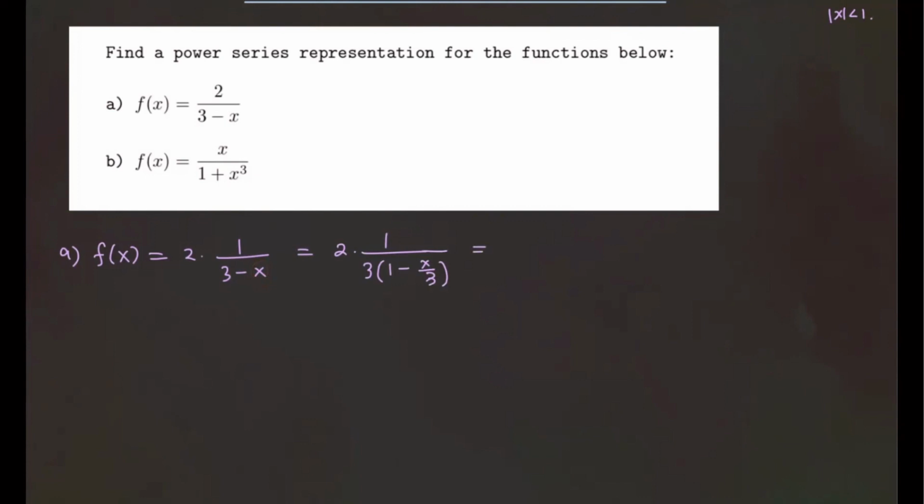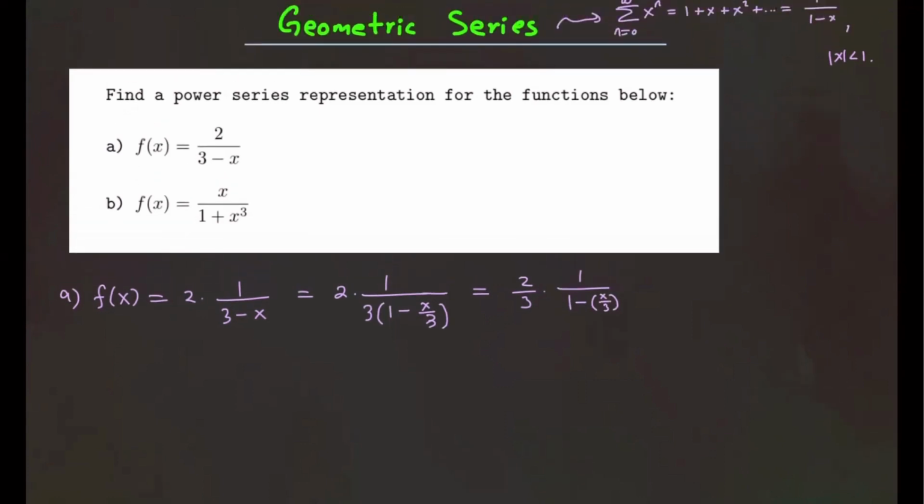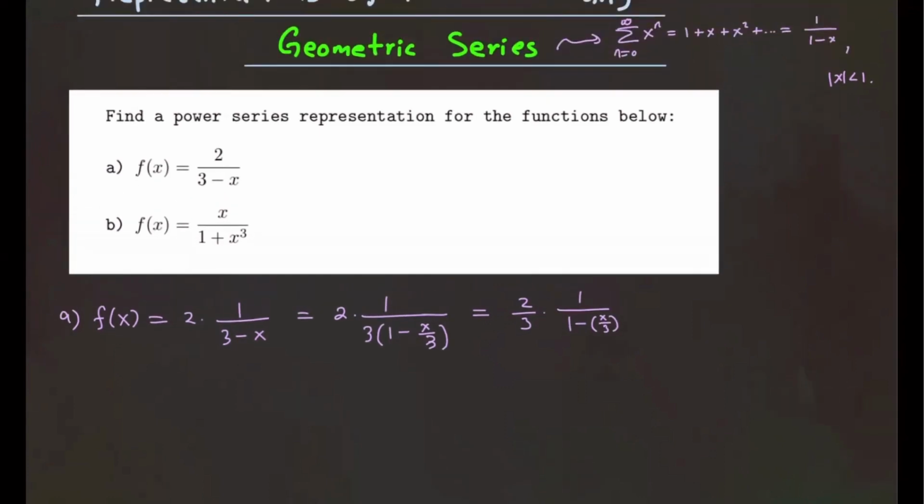Now let me go ahead and rewrite this. So this is really 2 over 3 times 1 over 1 minus x over 3. So that's kind of like the x we have up here. So as you can see, we have that exact form, 1 over 1 minus x. So here's 1 minus x, but in our problem, x is x over 3.